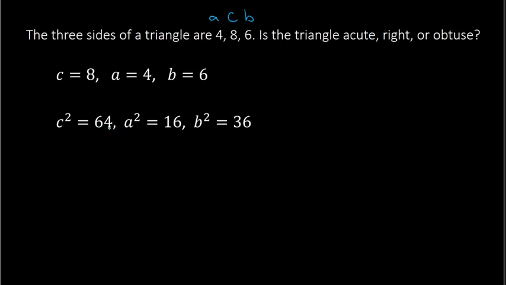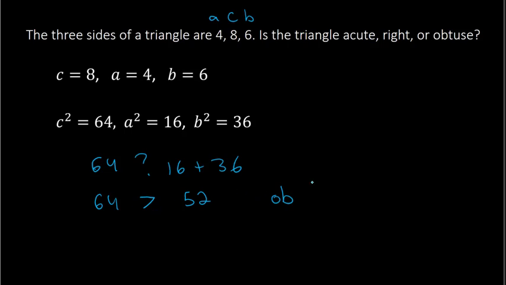So how does c squared, or 64, compare to a squared plus b squared? Well, a squared plus b squared would be 16 plus 36, which is 52. So c squared, or 64, is bigger than 52, which means that the angle is going to be bigger than 90, which makes this obtuse.